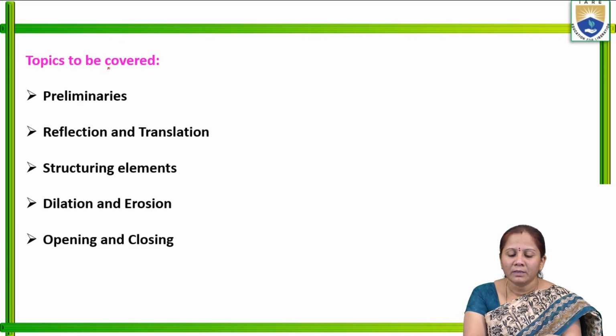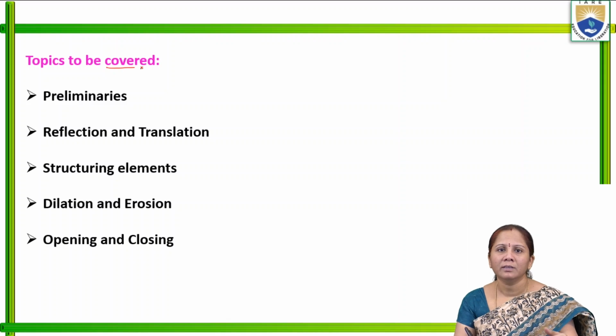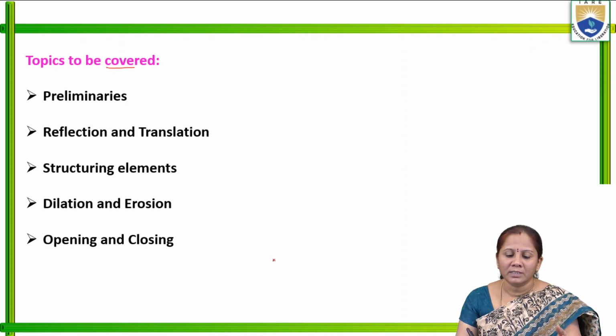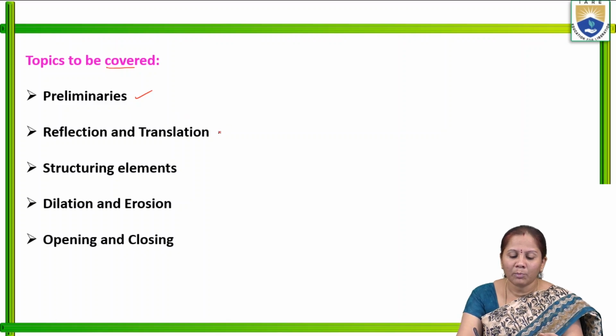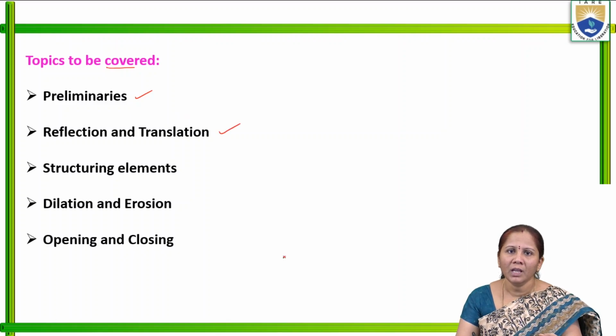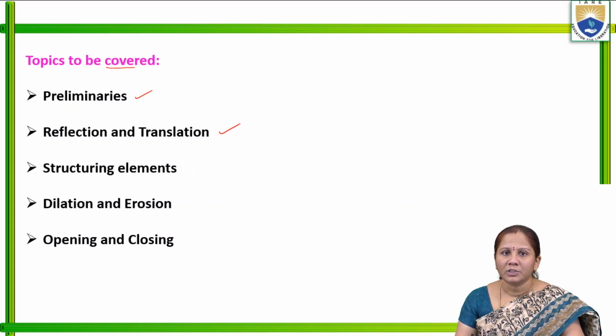So the topics we are going to cover in this session are preliminaries. Next, we will see about reflection and translation. What is meant by reflection and translation, and how are these two terminologies used in morphological operations?